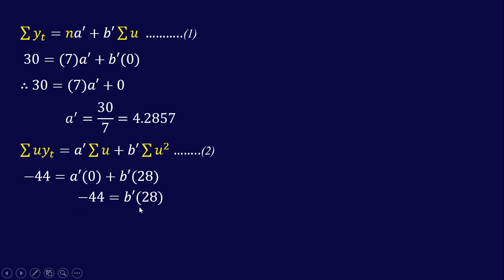So minus 44 is equal to b dash into 28. B dash is equal to minus 44 upon 28, which is equal to minus 1.5714. So remember here this b dash is negative. Okay, and when this b dash is negative, the trend is negative or the trend is downwards.